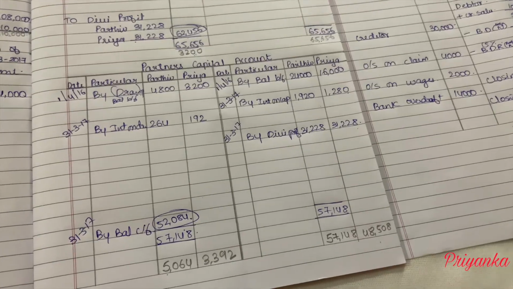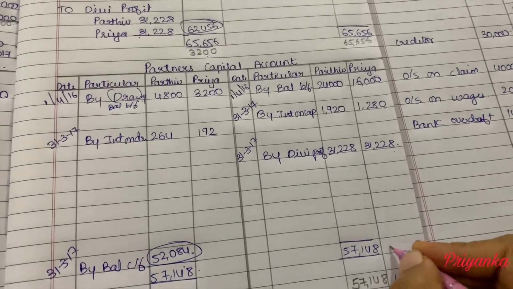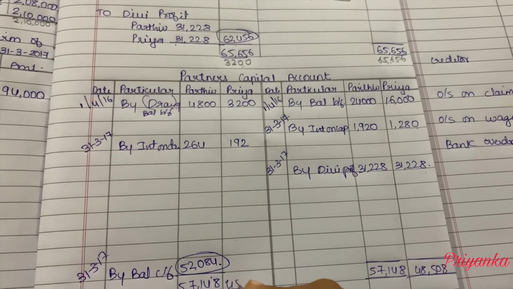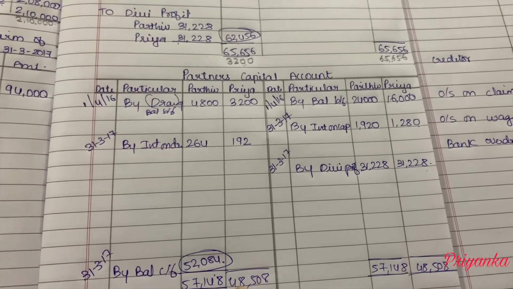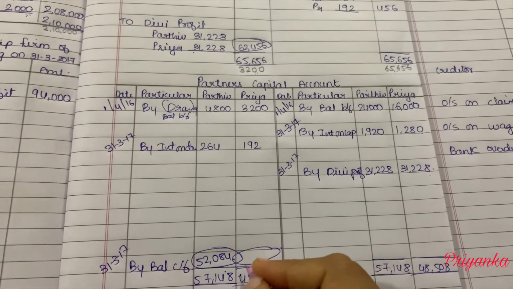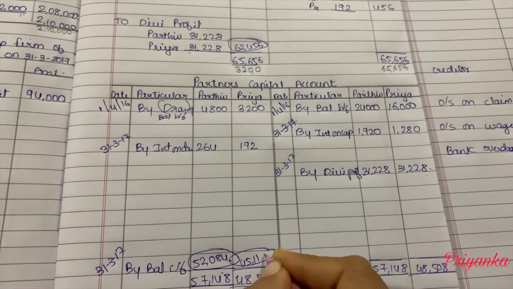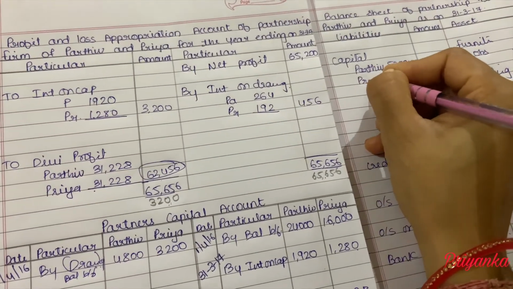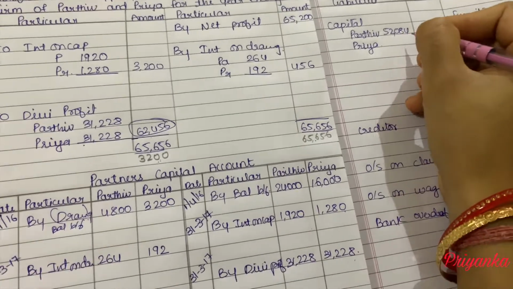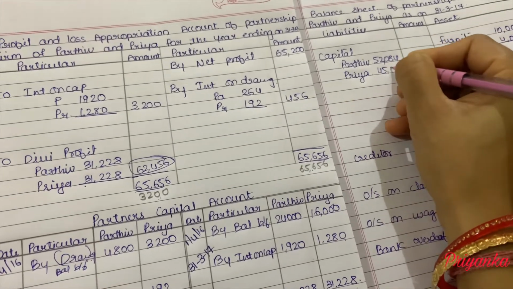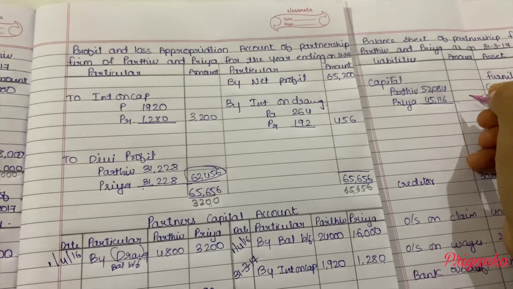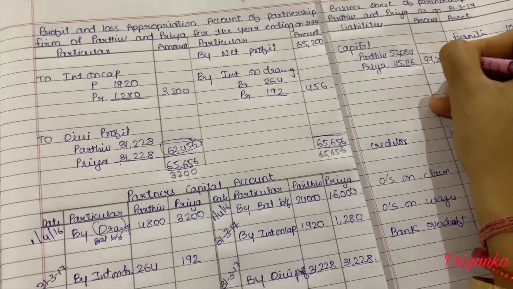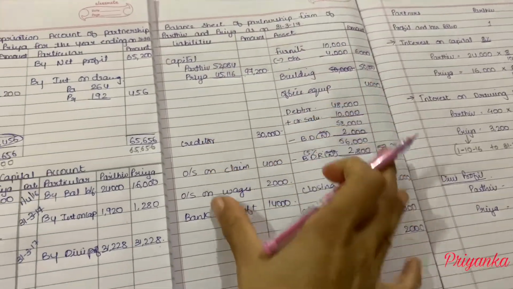Again we can see this is more, so take both the sides 48,508, and remove the difference of it, that is 45,116. Take again this amount of the closing balance of Priya with the amount 45,116. Total will be 97,200. Now the last process is to make the total of it.